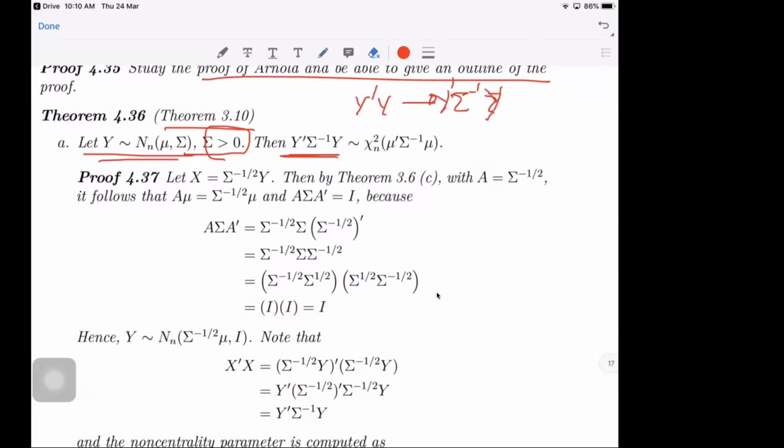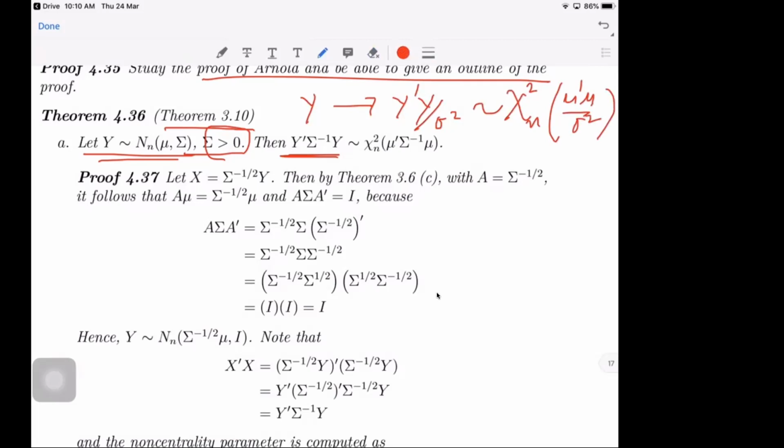So what will be the distribution of that? If you have y prime y, divided by sigma squared, a constant, this is chi-square with non-centrality parameter mu prime mu over sigma squared. So what happens to y prime sigma inverse y, which is equivalent to y prime y over sigma?